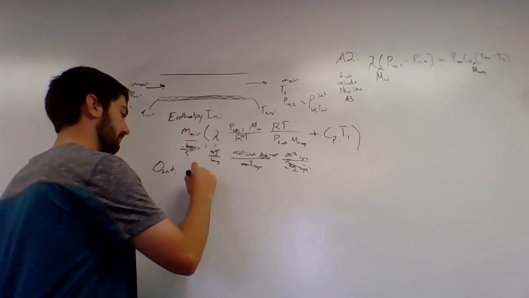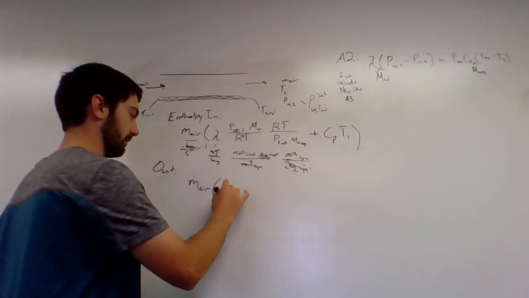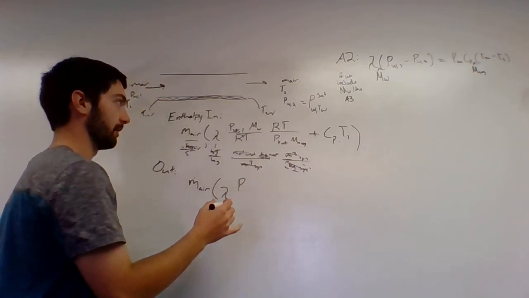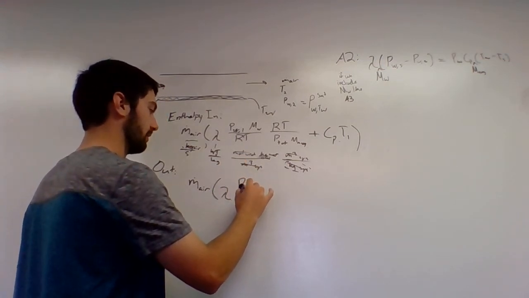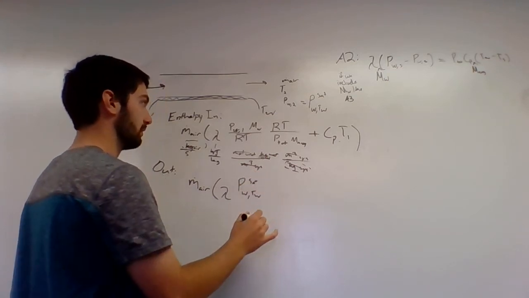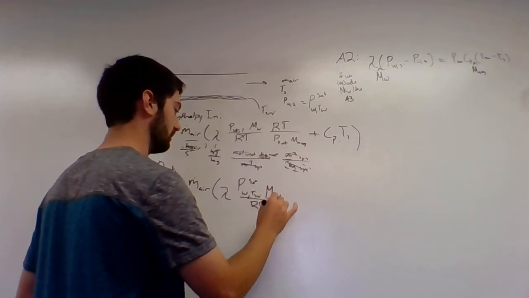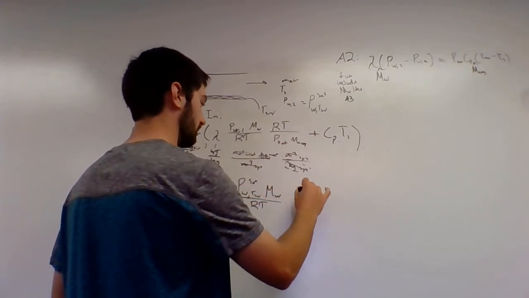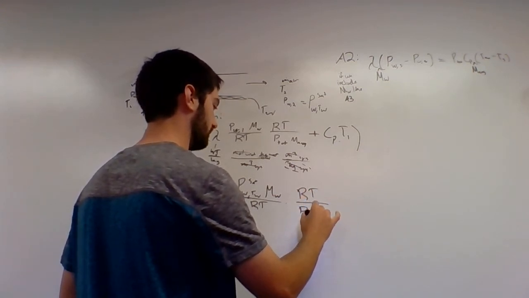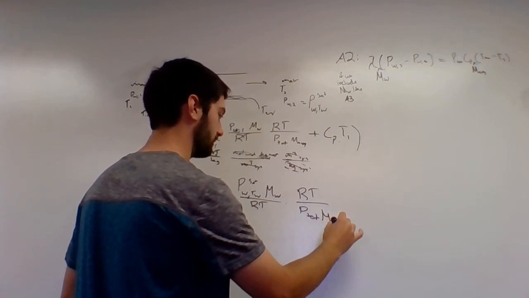So it'll be m air times heat of vaporization times, as I said, the partial pressure going out, which is the saturation pressure of water at that temperature, times the molecular weight of water over RT, times RT over total pressure, times the average molecular weight.